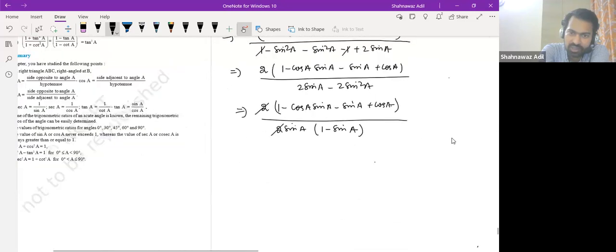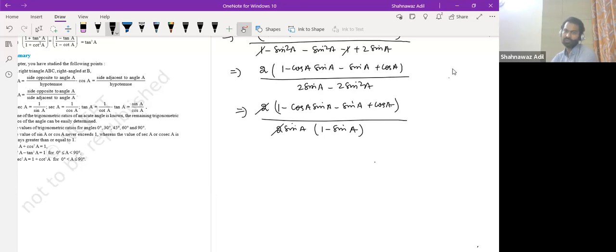So we have to get rid of 1 minus sin A. Looking at the numerator, we have to simplify it in a way where we can cancel this 1 minus sin A.